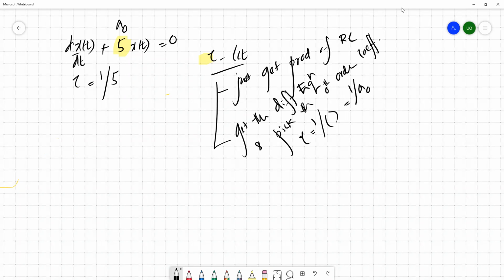For those cases, there's an approach: you write equations and simplify to a first order differential equation. Then the coefficient of the zeroth order term gives a hint about the time constant.